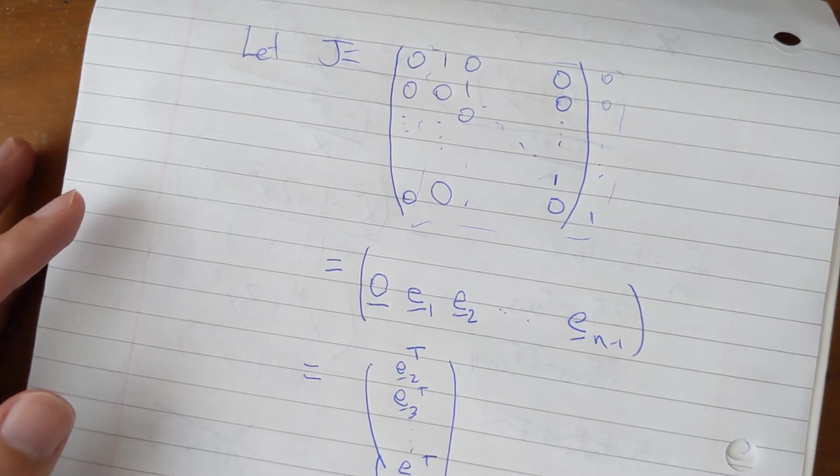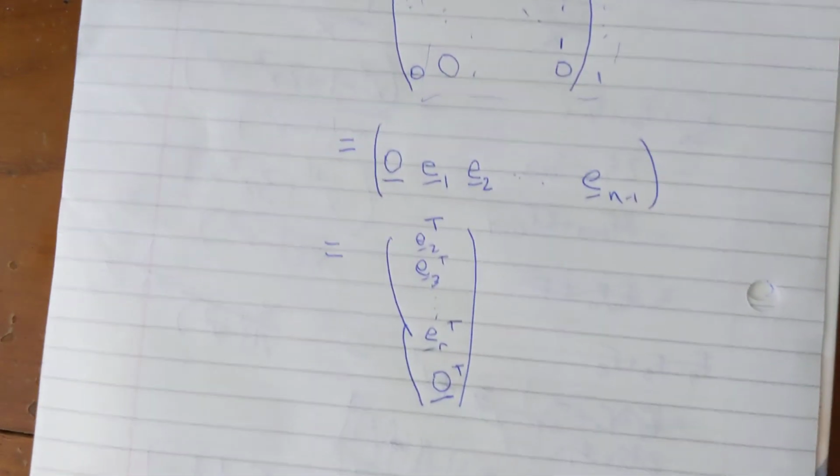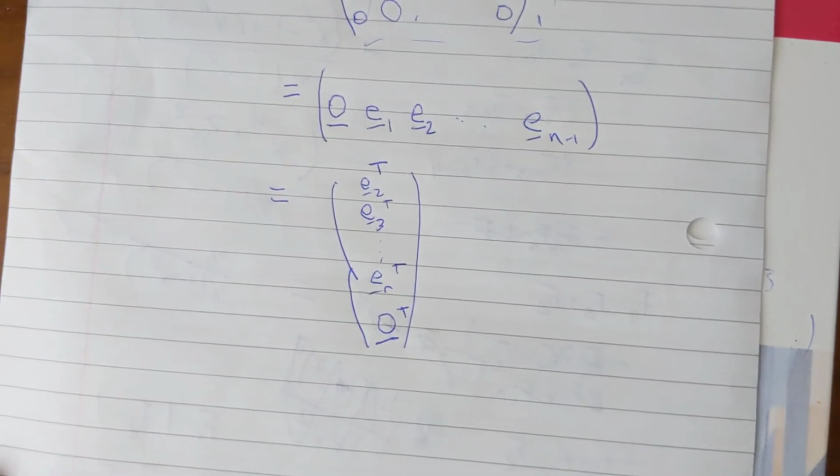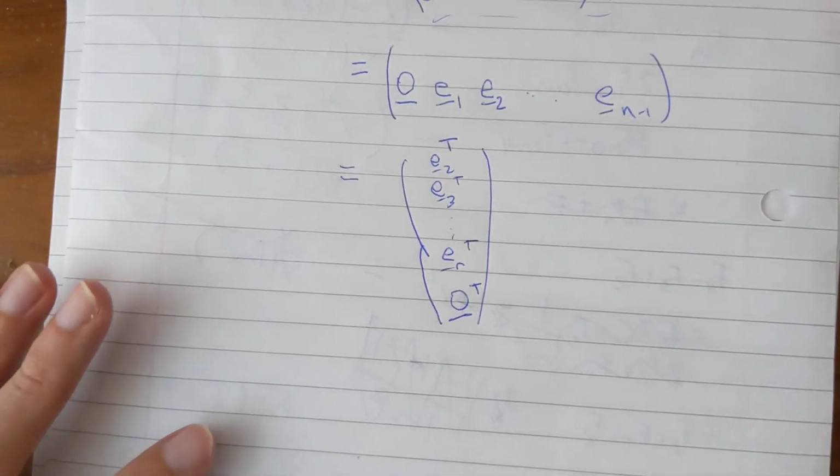And then this lets us figure out what J times J is. What is J squared?